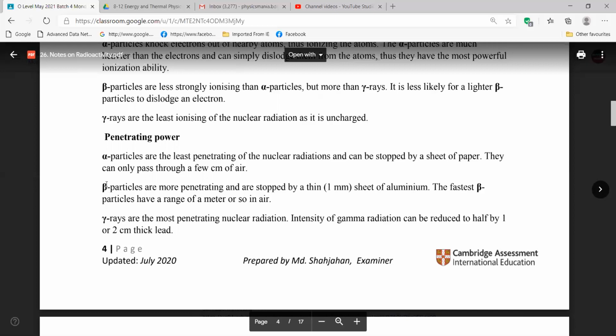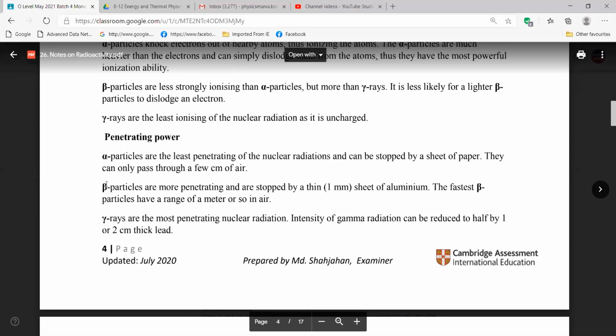Penetrating power. Alpha particles are the least penetrating of the nuclear radiation and can be stopped by a sheet of paper. They can only pass through a few centimeters of air.